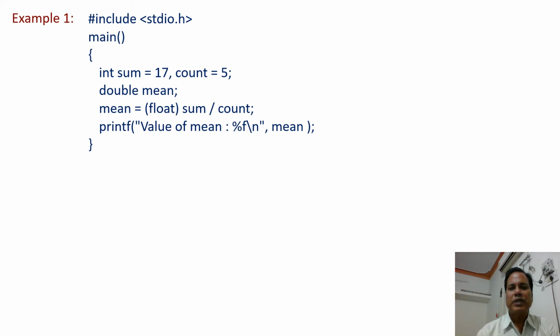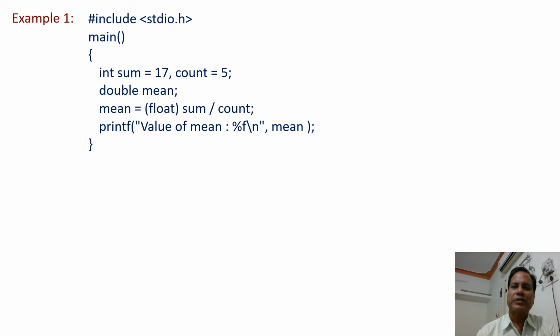Sum is an integer variable and count is also an integer variable. So whenever 17 is divided by 5, we get 3, which is not the expected result. Actually this should be 3.4.